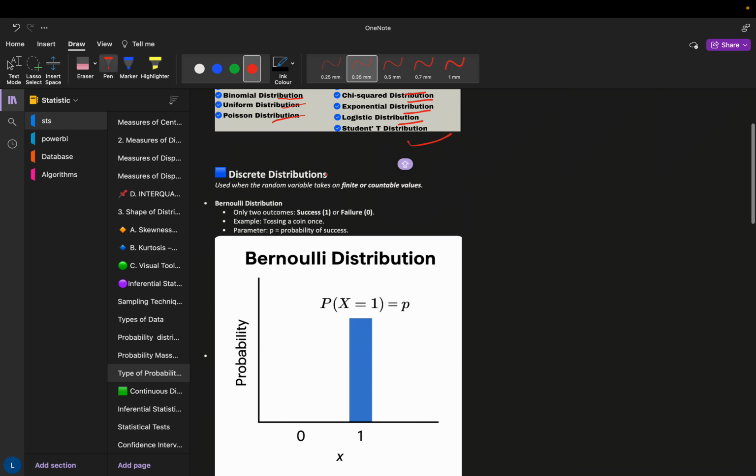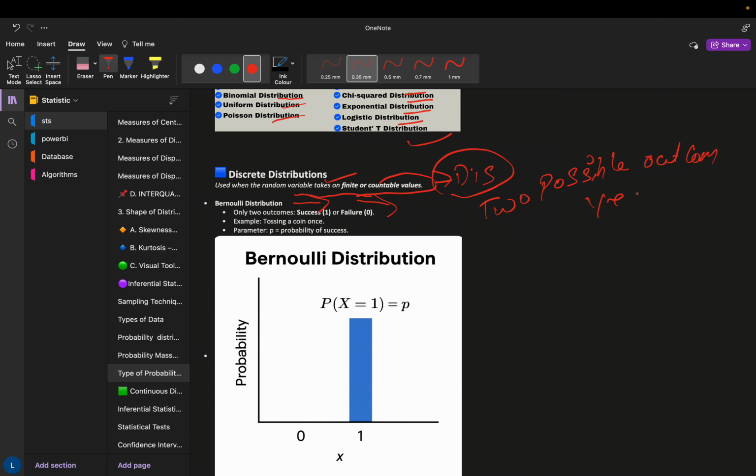So let's understand what is this discrete distribution. We normally use discrete distribution when our random variables take finite or countable values, means it is normally discrete, right? We normally use Bernoulli distribution when we have two possible outcomes such as yes or no, failure or success.